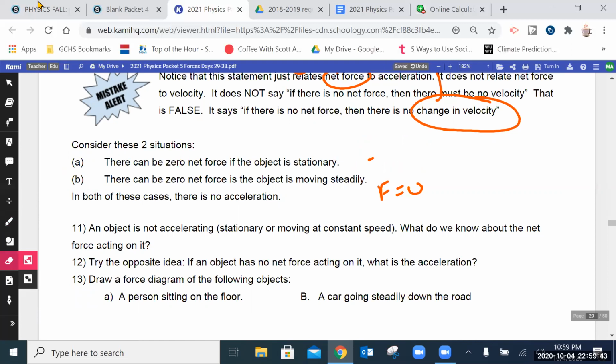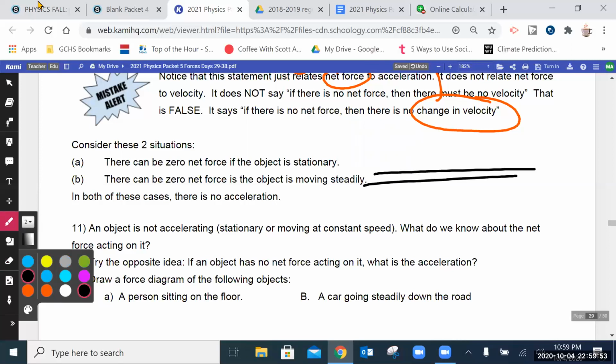Let's look at the second statement, statement B. There can be zero net force when the object is moving steadily. So imagine a train track, and imagine a train traveling on this.